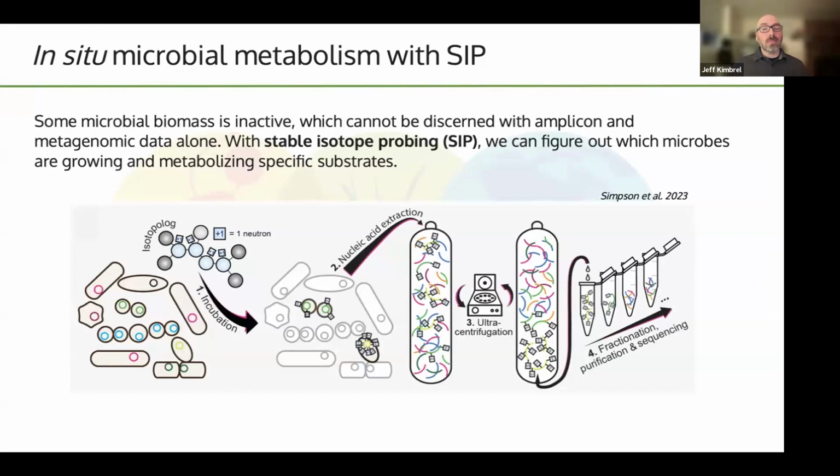So a little background about SIP in general. A lot of biomass in, say, a soil sample is actually inactive. Inactive can mean it's not growing. It can also mean it's long dead. It's just organic matter that's stuck to minerals or floating around in a marine system.